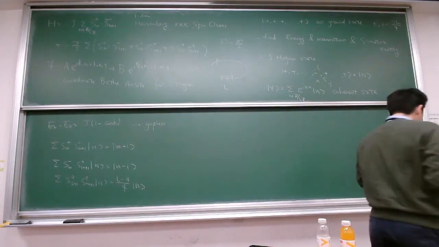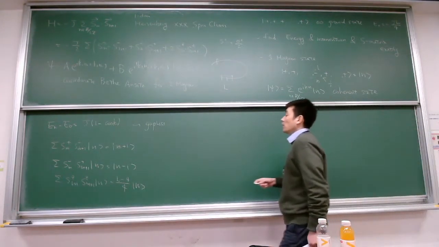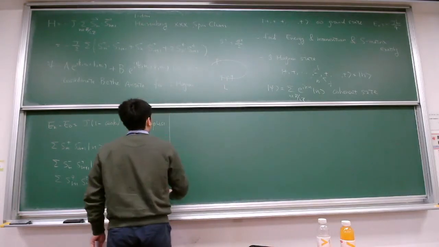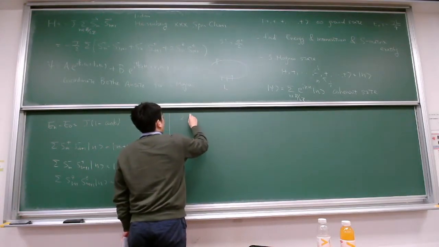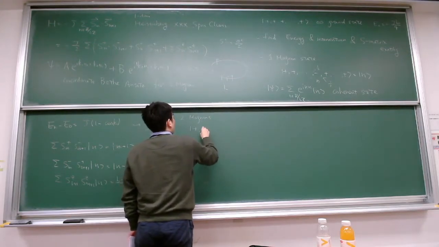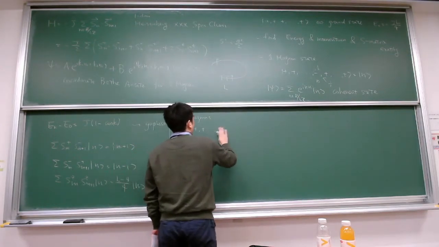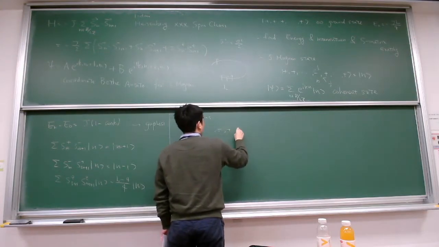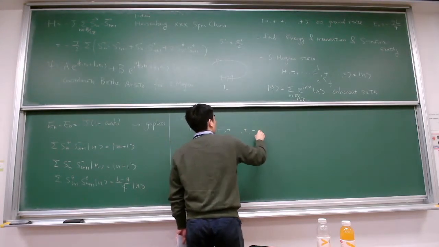So that's the one magnon coherent state, and then we consider two magnons, which is plus and plus, minus and then plus, plus and then minus and then plus.